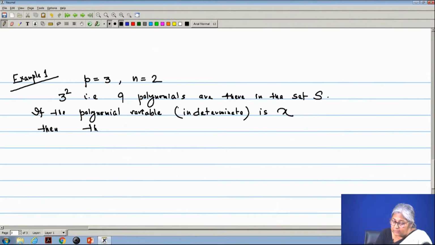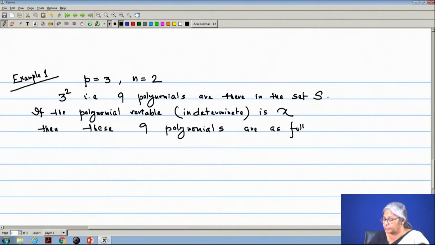Then these 9 polynomials are as follows.